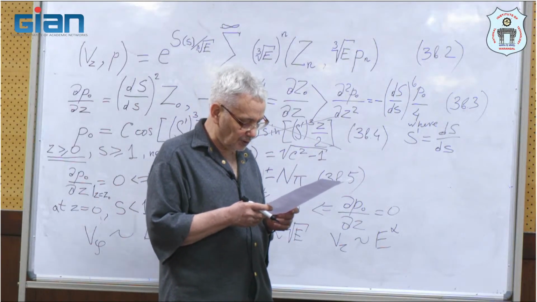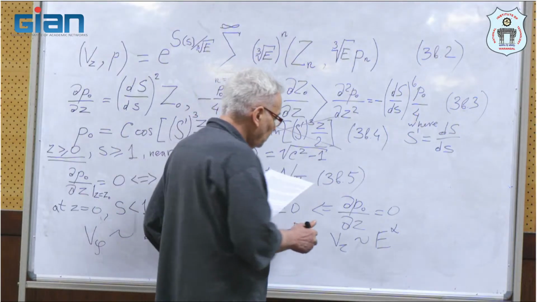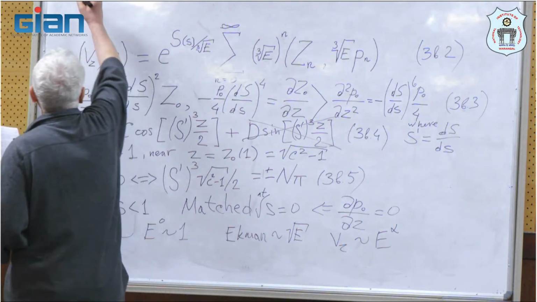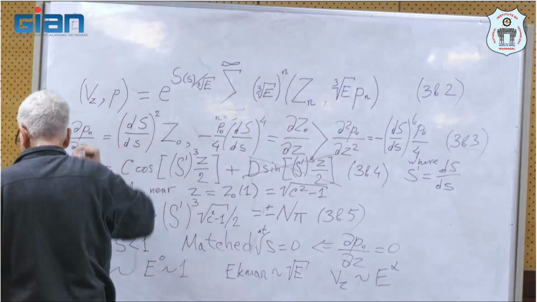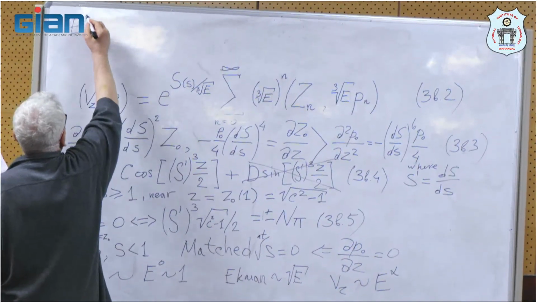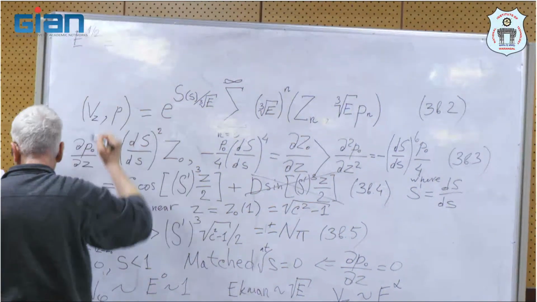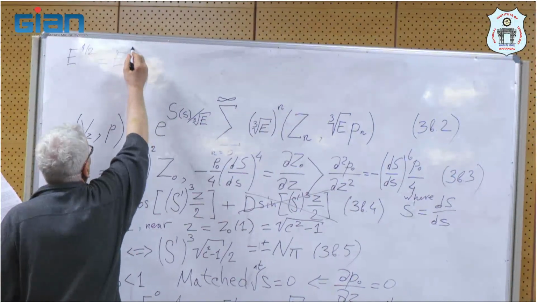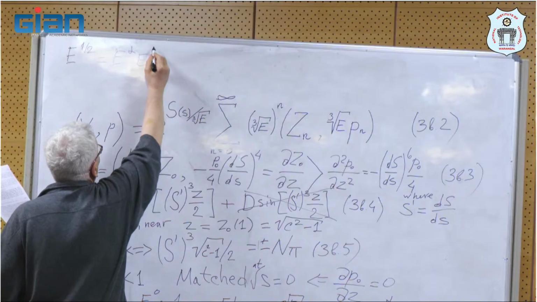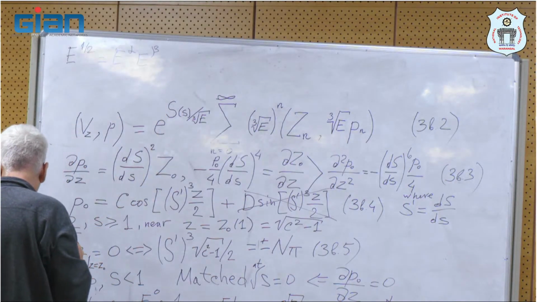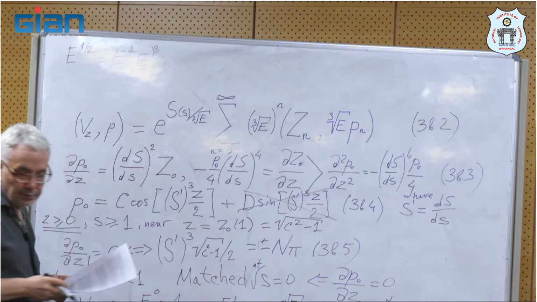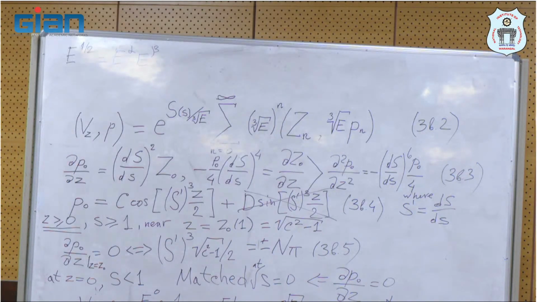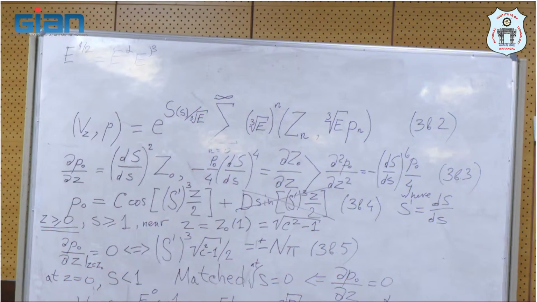Then from the flow continuity condition, this E to the 1/2 is subdivided into two parts, E to the alpha and E to the beta, where beta is now the thickness of the outer shear layer.